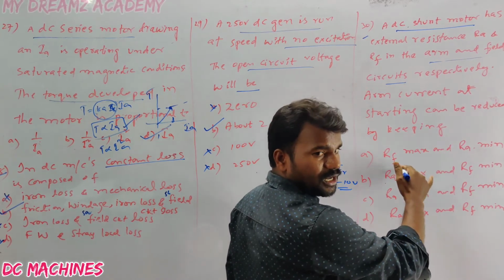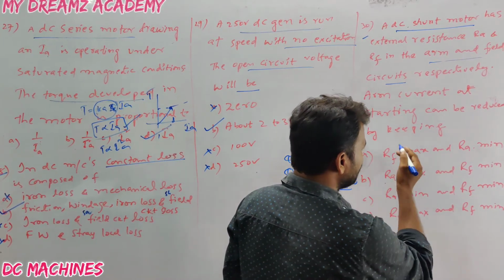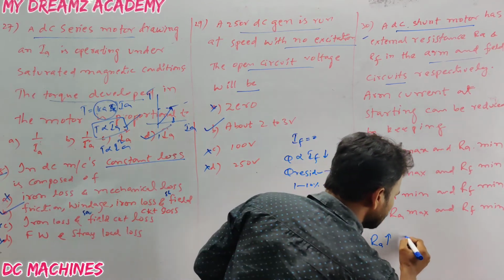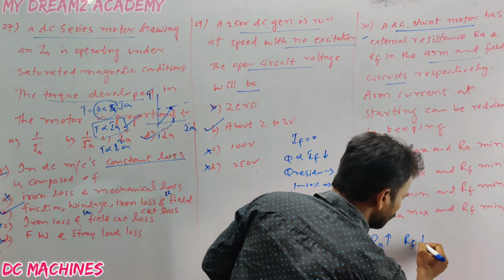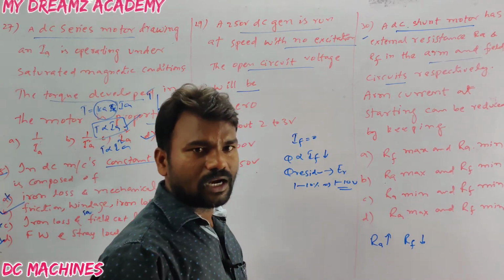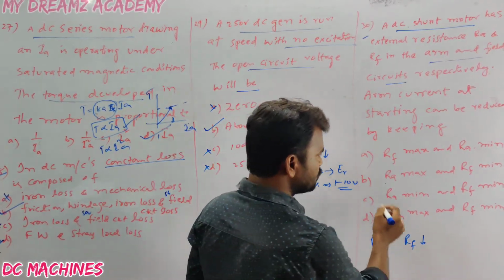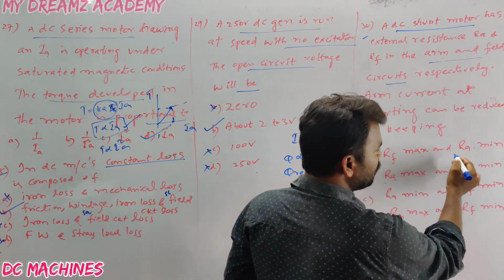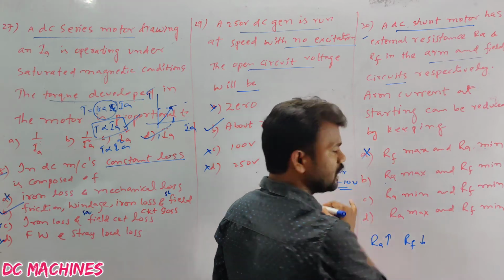External resistance has to be added in the armature circuit, so armature resistance will be maximum, and field resistance will be reduced at the time of starting. So check out the answers. Field resistance maximum and armature resistance minimum is the wrong answer.